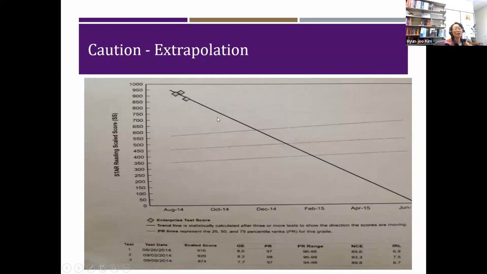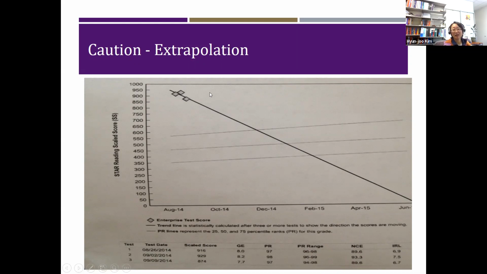According to this line, by the end of fourth grade, this student will be able to read nothing. That really doesn't make sense, right? So what's going on here?